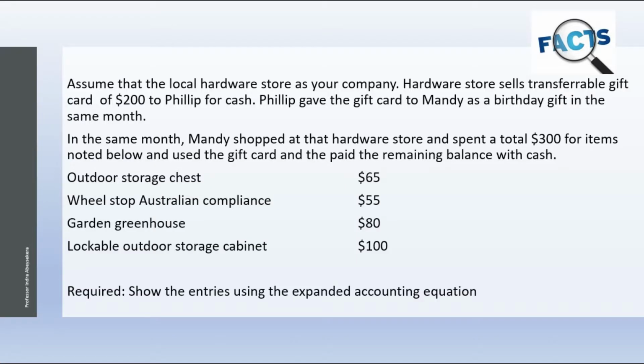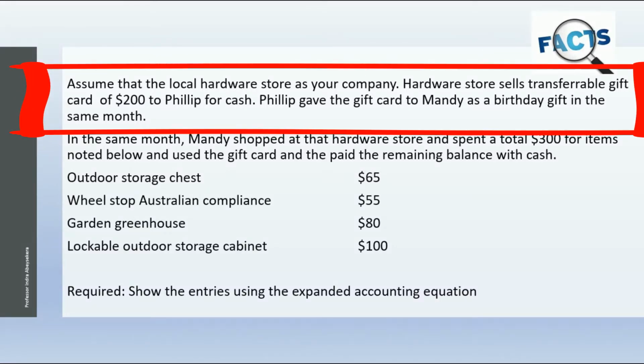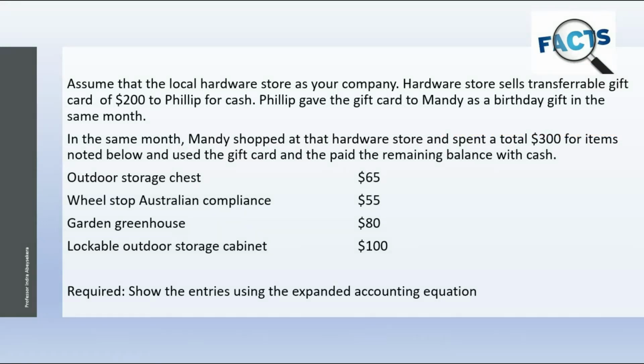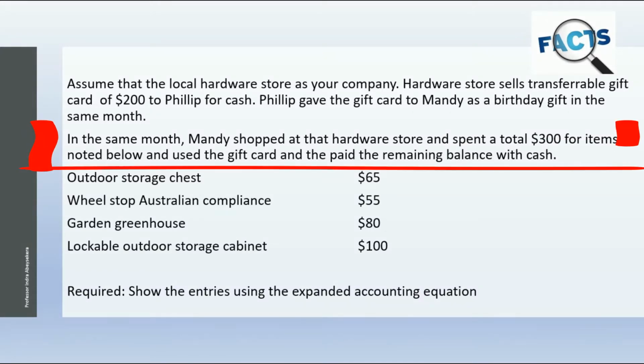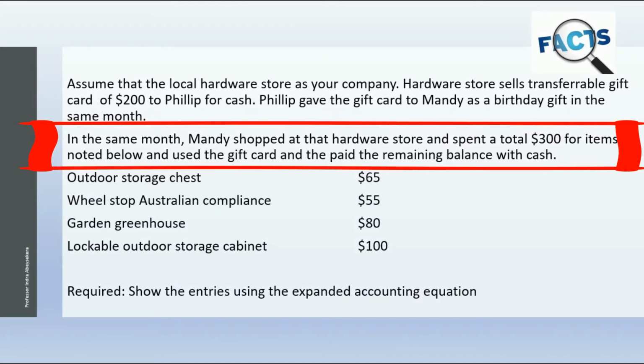In this example, assume that the local hardware store is your company. The hardware store sells a transferable gift card of $200 to Philip for cash. Philip gave the gift card to Mandy as a birthday gift in the same month. In the same month, Mandy shopped at that hardware store and spent a total of $300 for items noted below, and used the gift card and paid the remaining balance with cash.